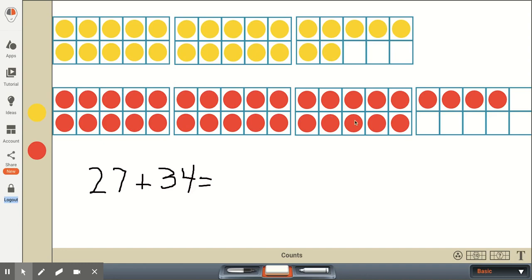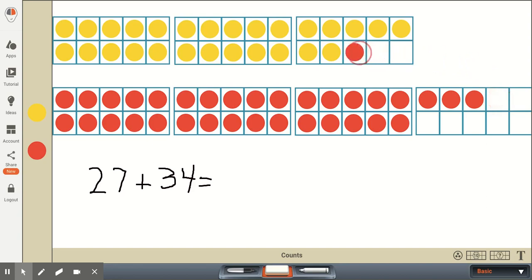The first thing we want to do is see if we can compose any 10s. In other words, take a look at our 1s and see if we have enough 1s to make a 10. We have the 7 1s, and we have 3 more open spaces to make a 10. So we do have enough counters to fill up another 10.